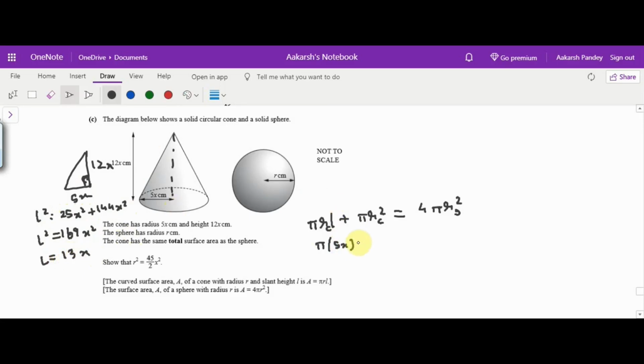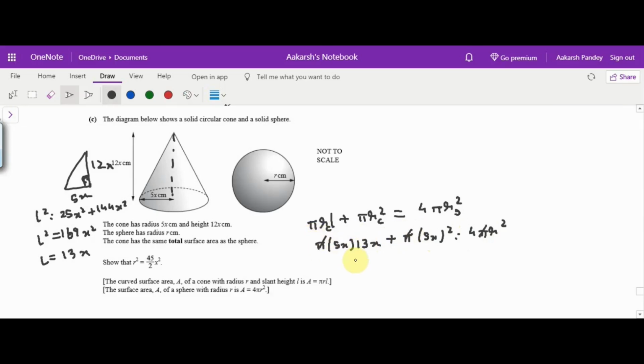So pi into 5x times 13x plus pi into 5x whole square, that is equal to 4 pi r square. Just cancel the pi throughout.